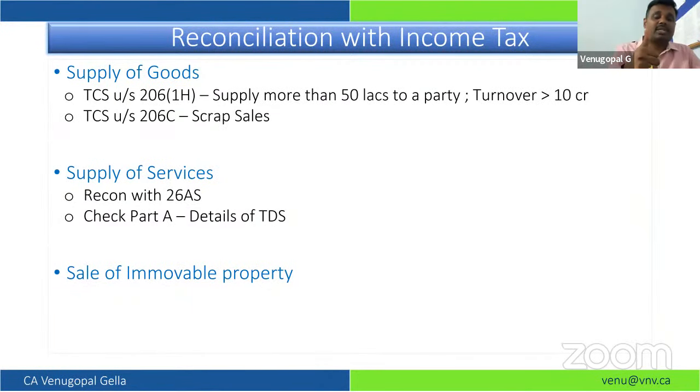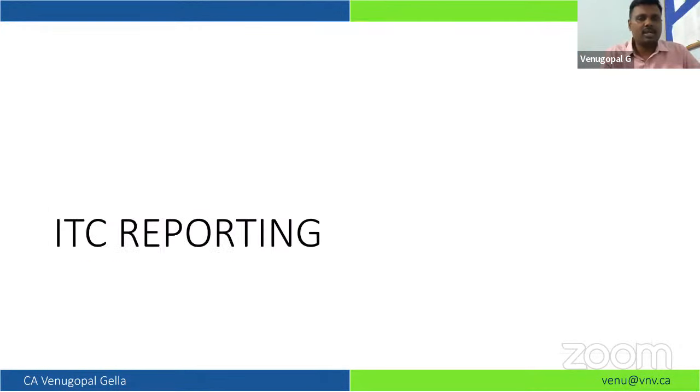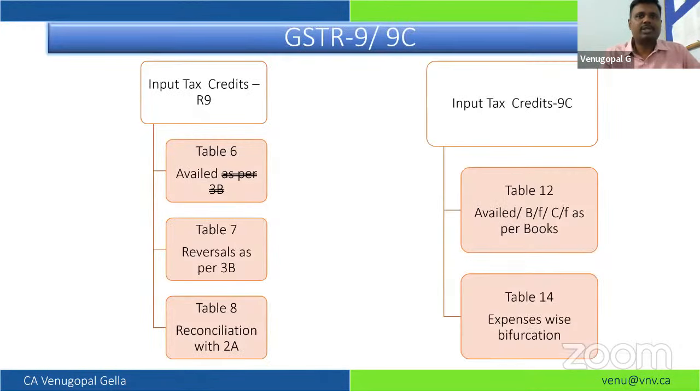What has been the value of the turnover that you have shown there? You file your income tax returns, Form 26AS. Check all this information and also ensure there's a cross verification of the turnover available at other sources. Moving on to ITC, the three tables, table 6, 7, and 8, and in 9C, table 12 and 14. These are the tables which I have explained.